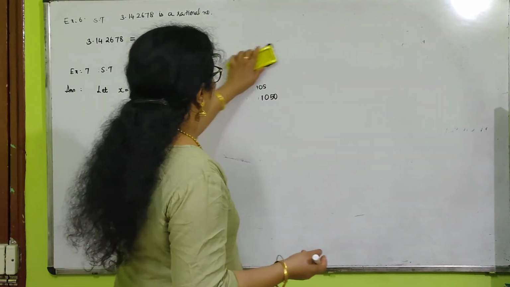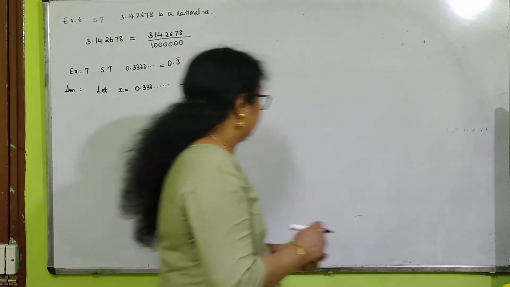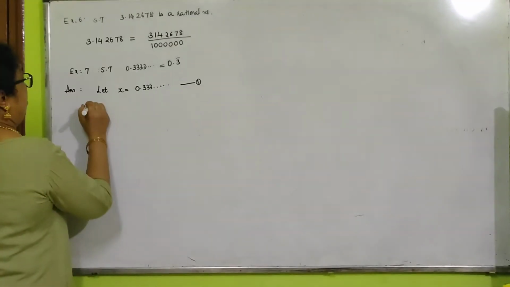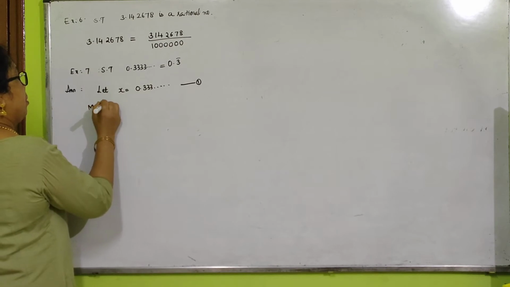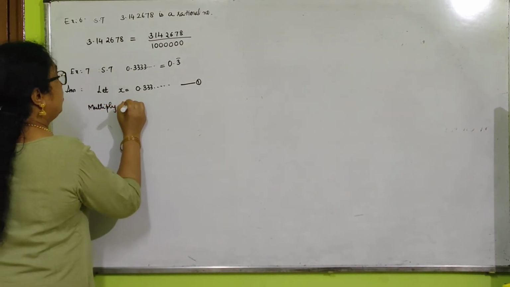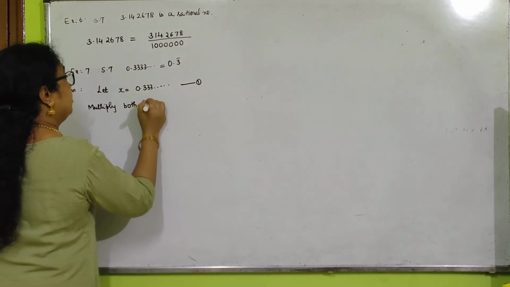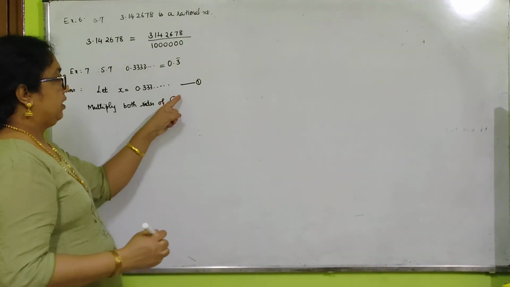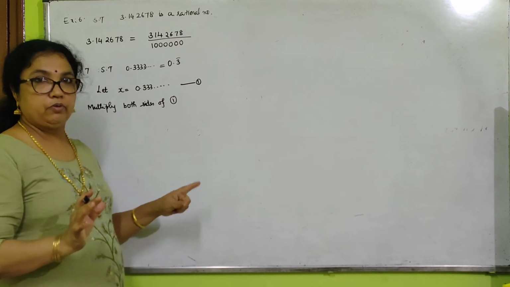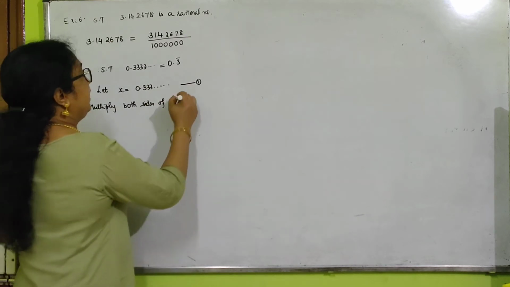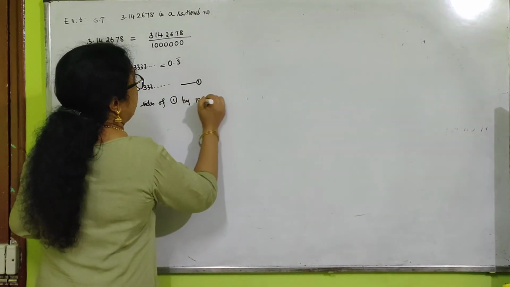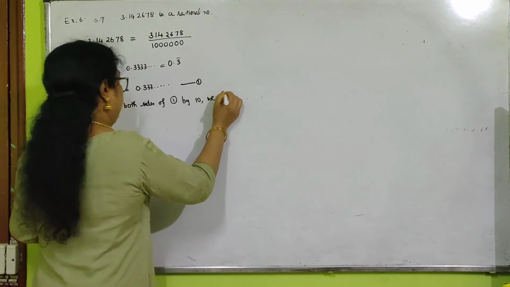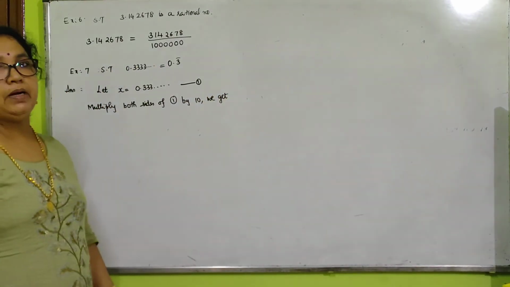So the next step is multiply both sides of equation 1 by 10. Why do we multiply by 10?